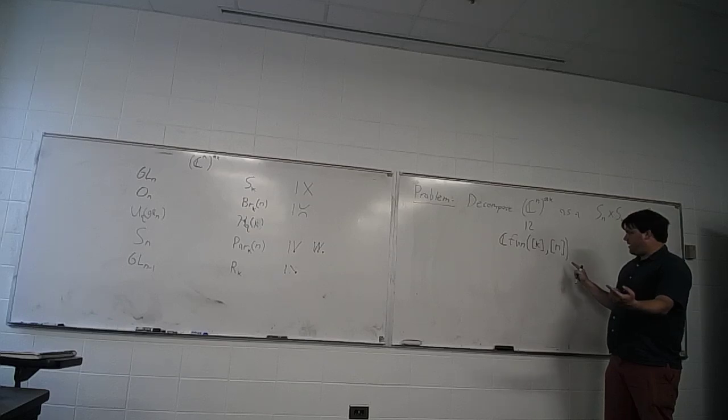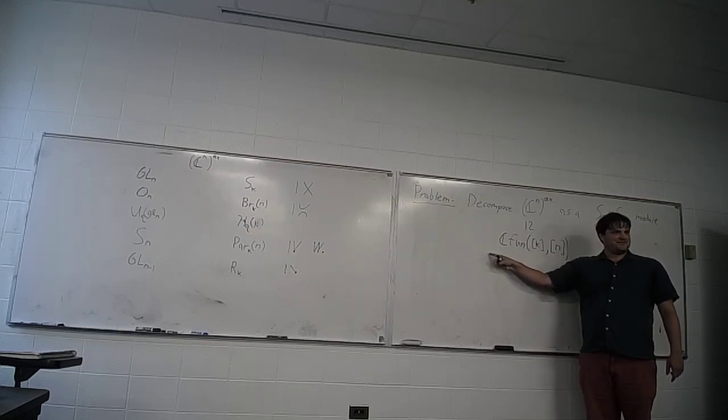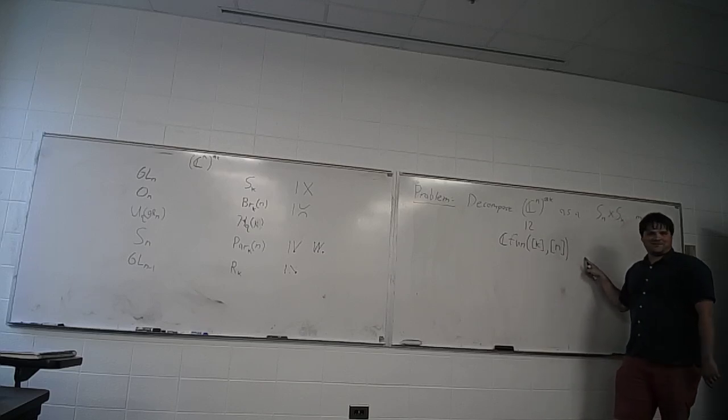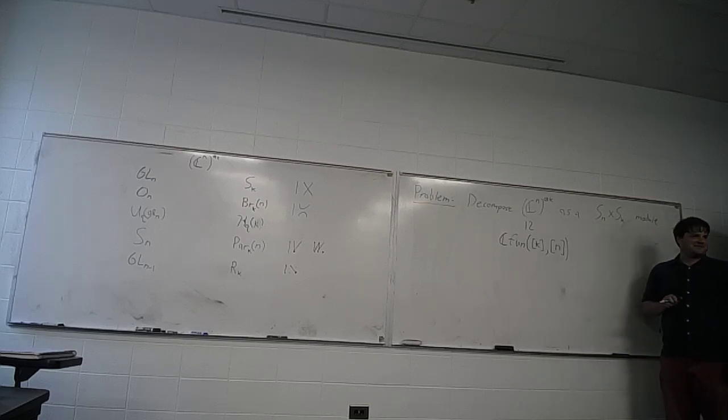My two actions are, I can act by precomposition by Sk or postcomposition by Sn, and those two actions commute. I'm just asking to decompose this as an Sn cross Sk representation, but we don't know how to do it.